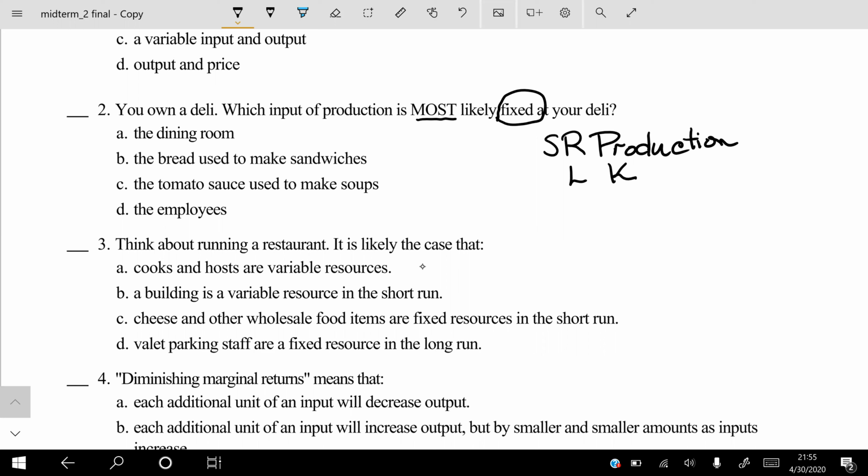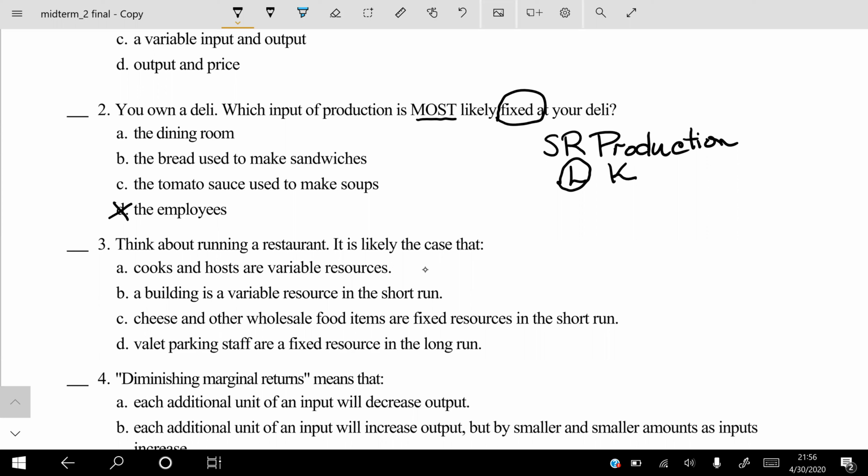Well, our options are dining room, the bread used to make the sandwiches, the tomato sauce used to make soups, and the employees. Well, I feel like labor in the short run for a deli is going to be variable. So I don't think this is going to be a concern. So I'm going to eliminate D because I have a feeling it'll be variable. So we have three things left.